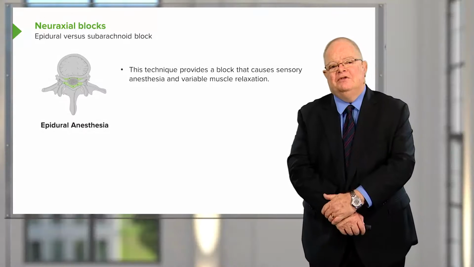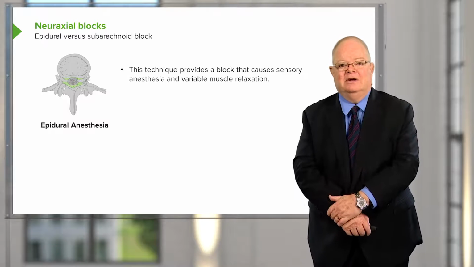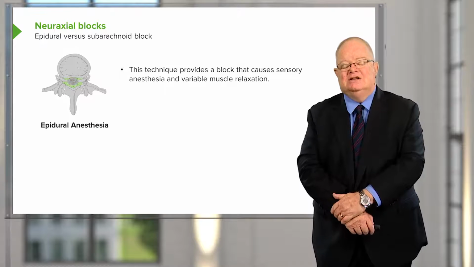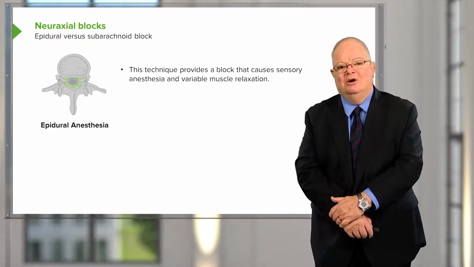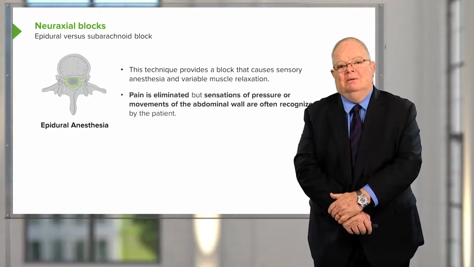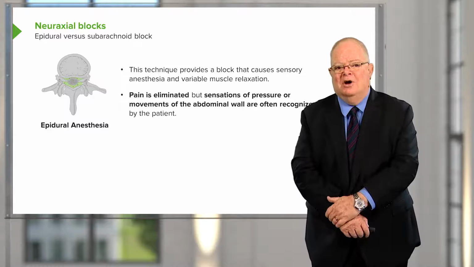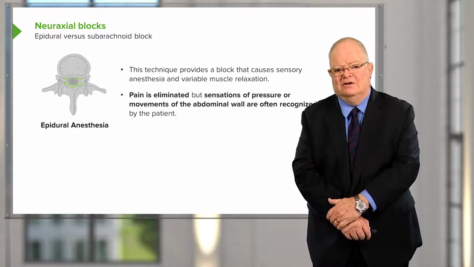So what's the difference between an epidural and a spinal? Well, the big difference is 3 millimeters, and it's a very small distance when you're putting pressure on the back and you can feel the needle moving forward. But epidurals produce good anesthesia, but not profound anesthesia.